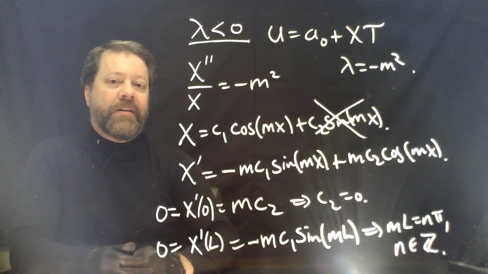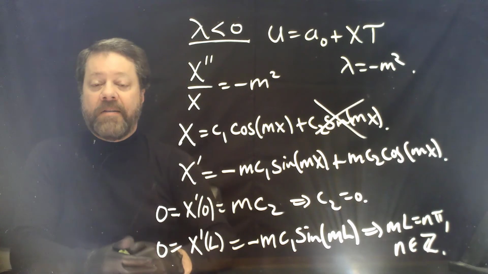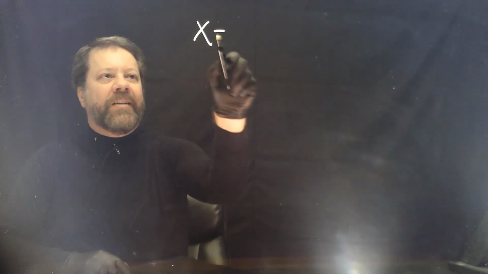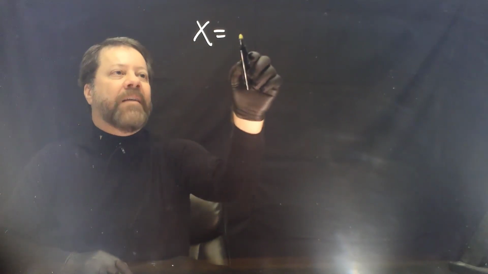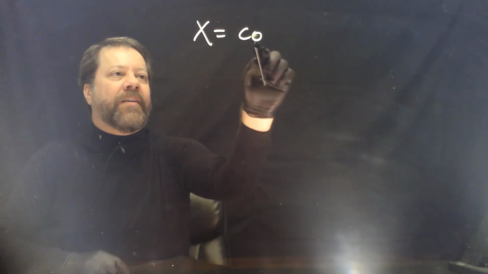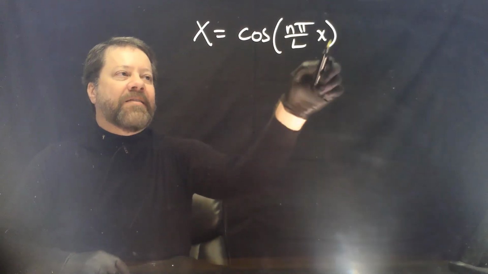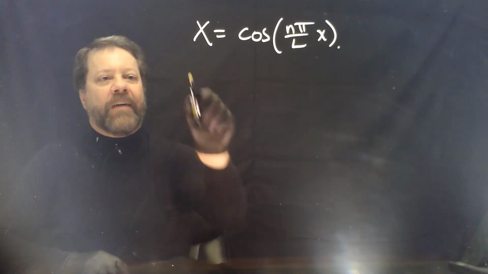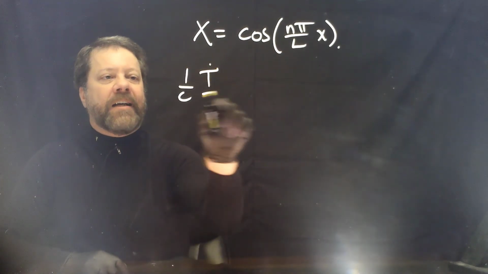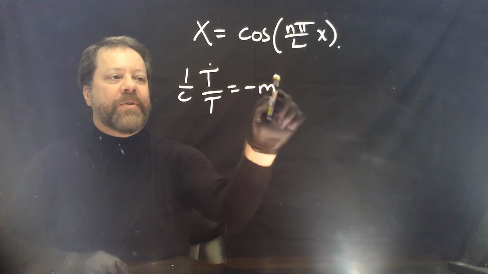that function that solves the differential equation on t. So we'll record here that we can absorb the constant into the function for t. We'll just have the cosine of n pi over Lx. Now we have 1 over c, t dot over t equals minus m squared.